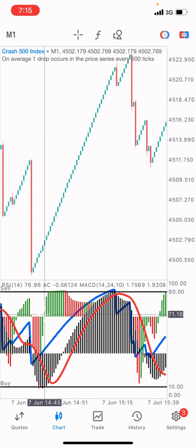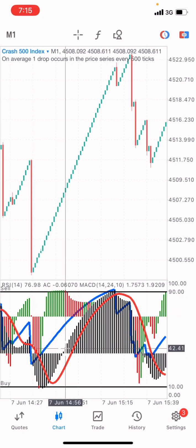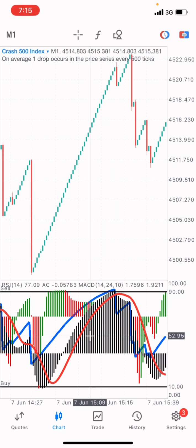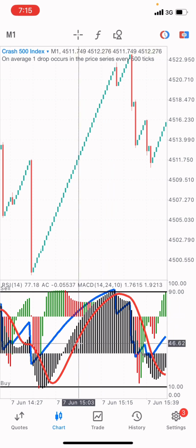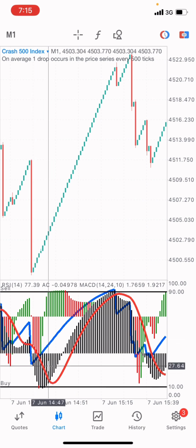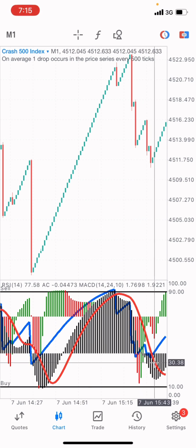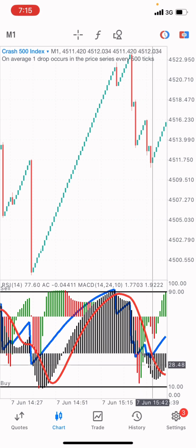So whenever you see a green line going upwards and the MACD is in an upward trend, the opportunity of spikes coming to the market is going to be minimal. But when it's a downward trend, we will be expecting more spikes on the market.